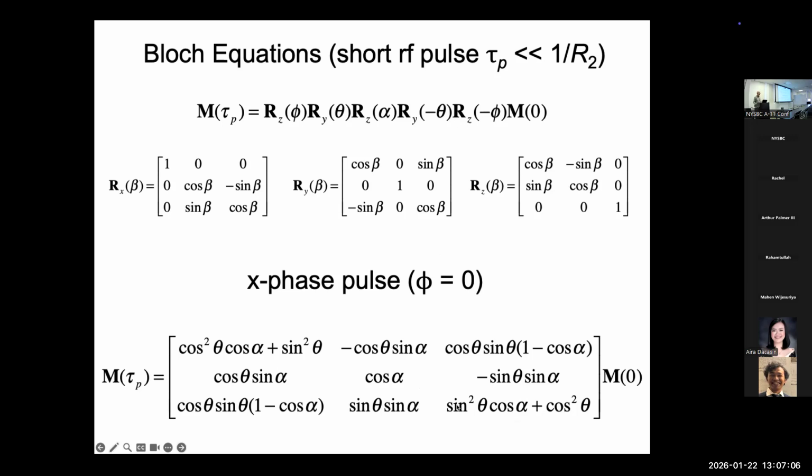So if I was programming a computer, I could just put in the 3 by 3 matrices and let the computer do the multiplication, or I could put in this matrix where the multiplications are already done.